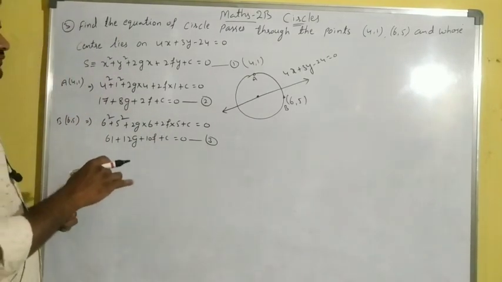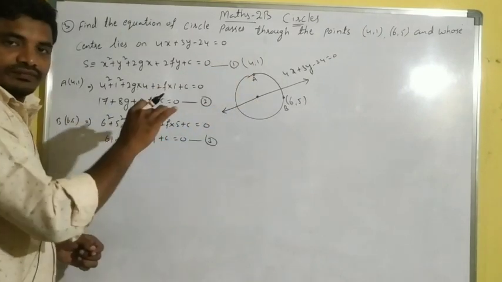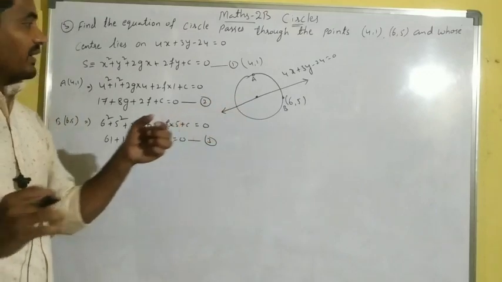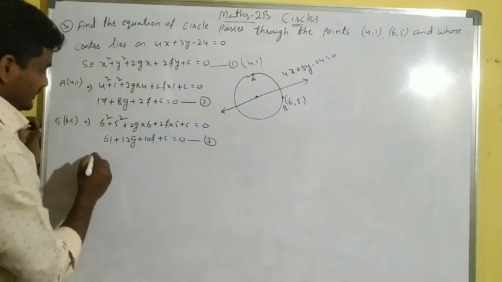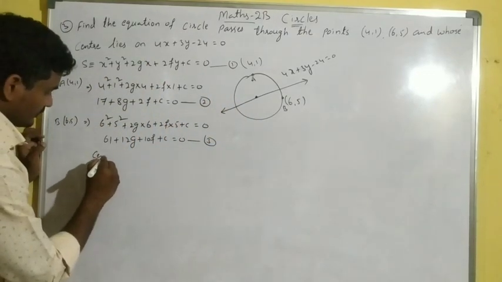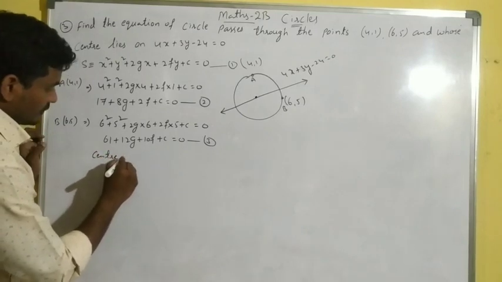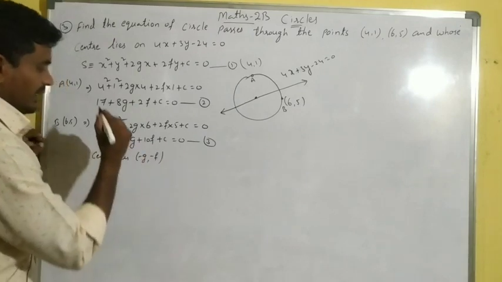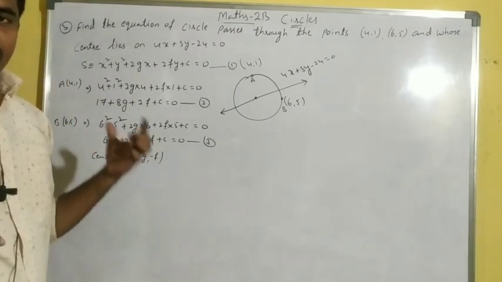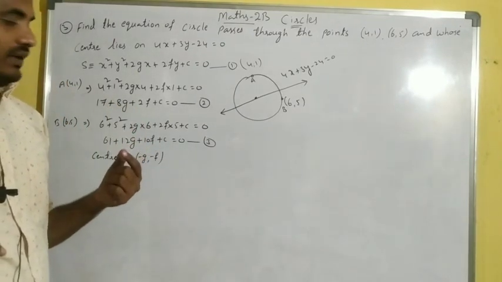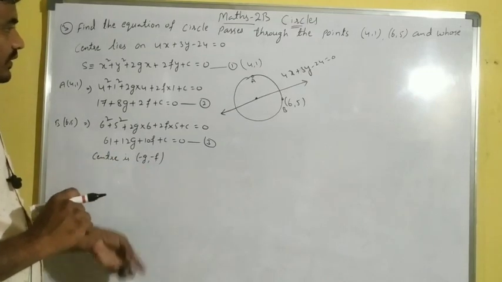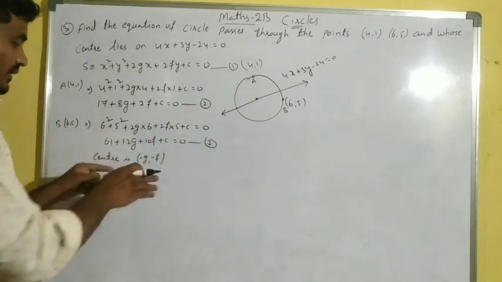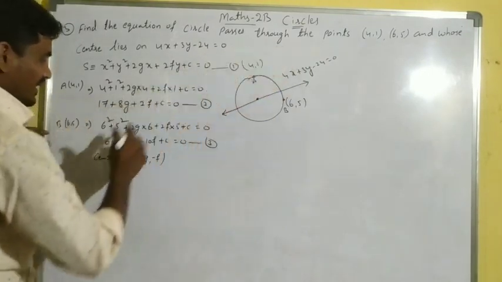And this circle, we can write its center as (minus g, minus f). This is the formula for the center of any circle. So this center is on the line, so we have to substitute these points in that line.